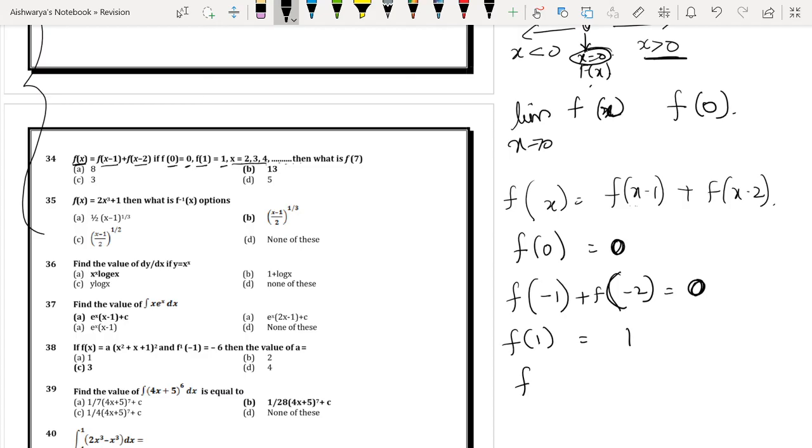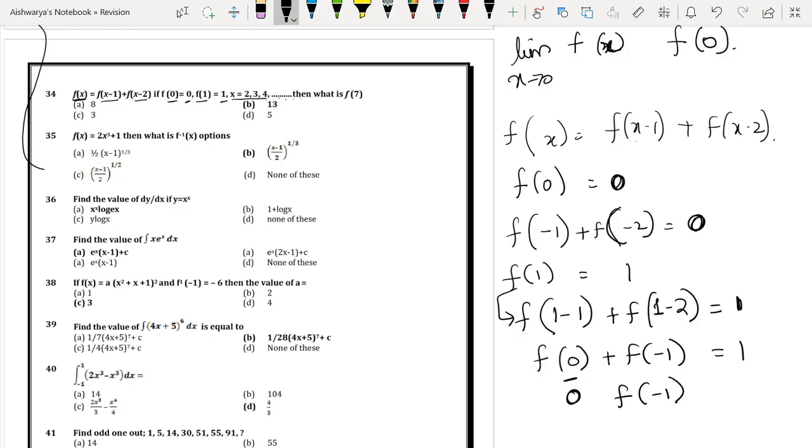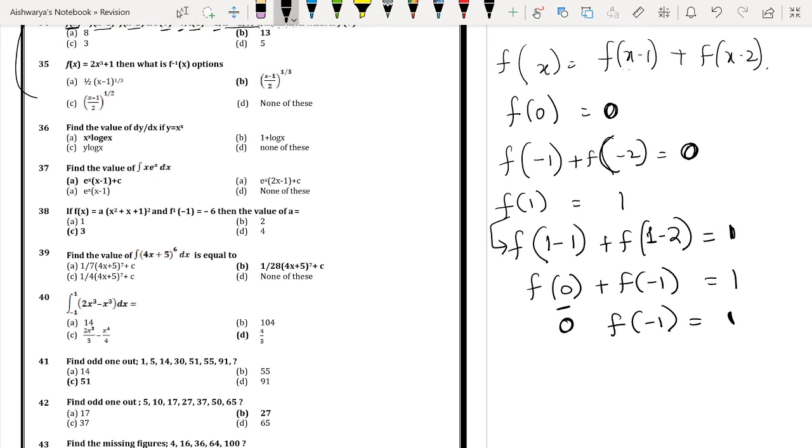If I substitute that, I will get f of 1 minus 1, which is f of 0, plus f of 1 minus 2, which is f of minus 1, is equal to 1. F of 0 value, I know it is 0, so I can say f of minus 1 is equal to 1. With this I'm able to draw the conclusion that f of minus 1 is 1.